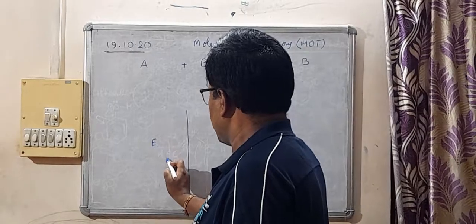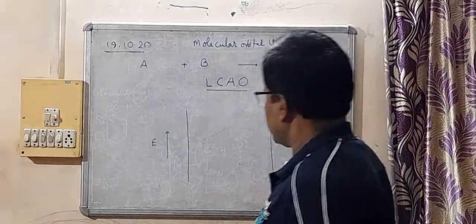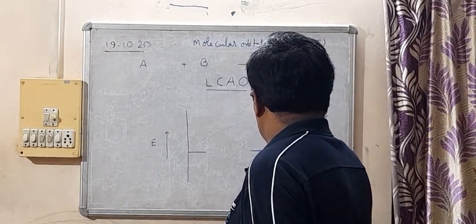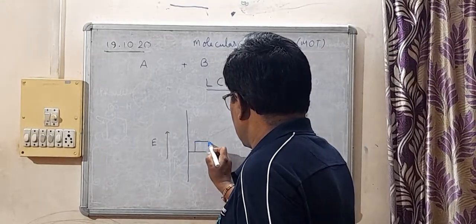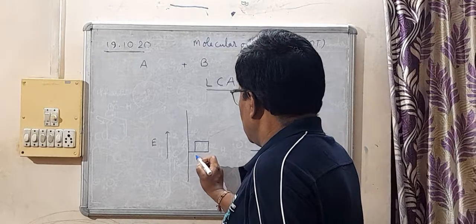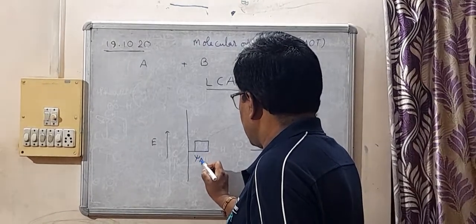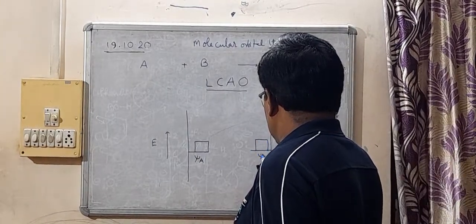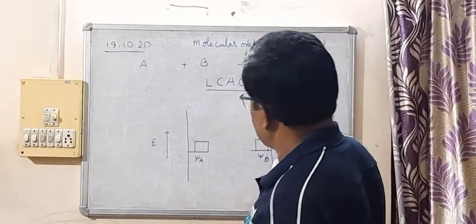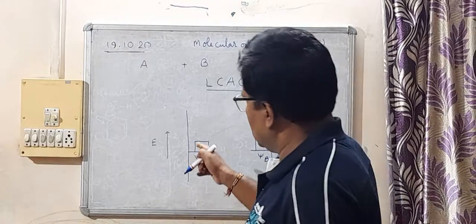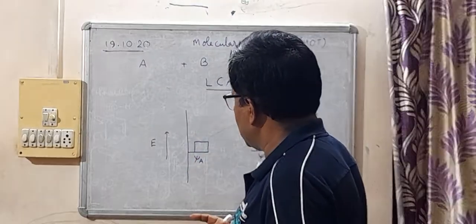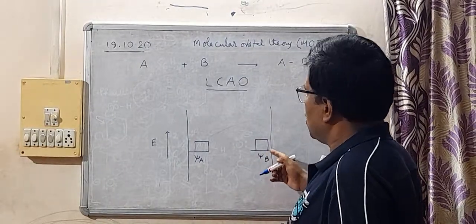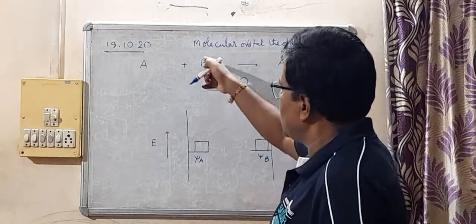So this is energy increasing, and suppose this is psi A, so the wave function for an atomic orbital which is present in A atom, and psi B is the wave function for the atomic orbital present in B atom.